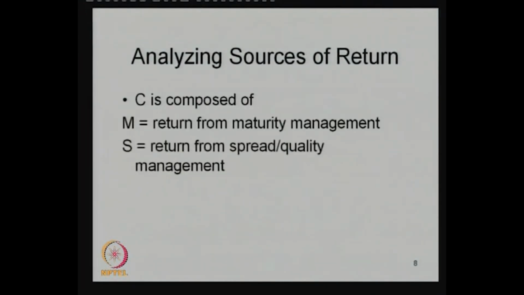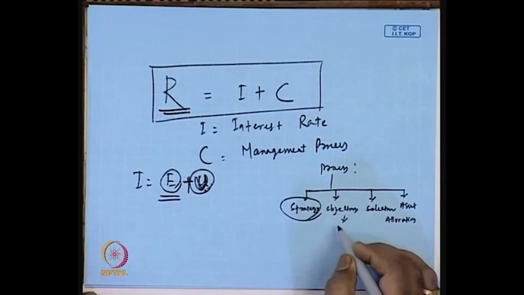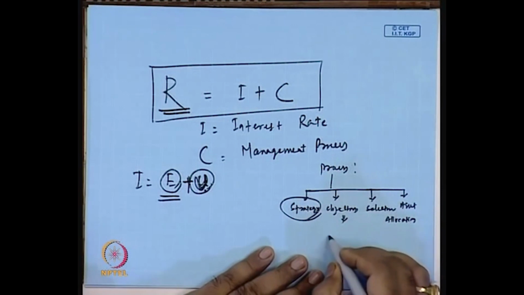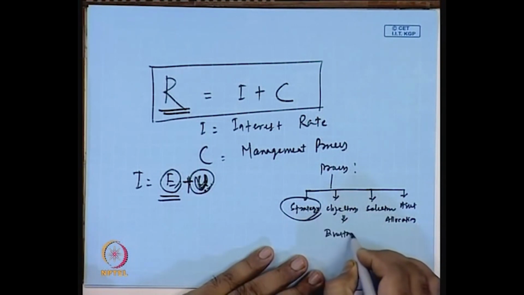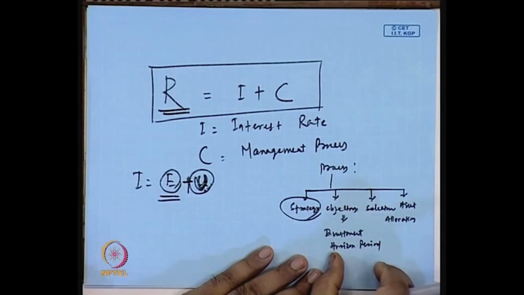Then if you talk about C, already I told you there are different processes, and C is composed of return from maturity management, M, which depends on the objective. Depending on the objective, the investment horizon period will change, and that affects your return.